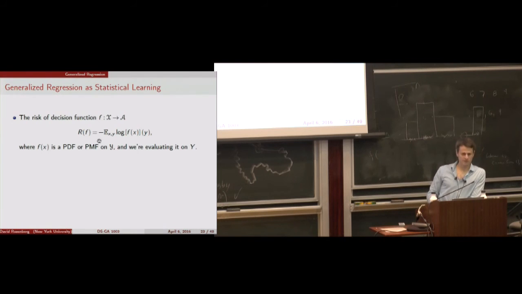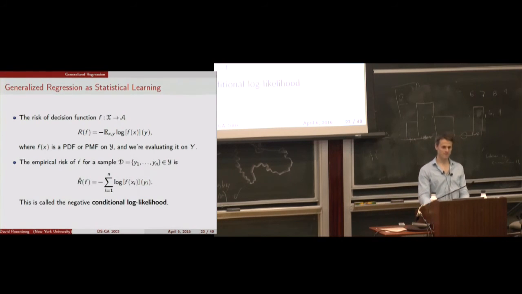We're doing expected values. This is risk. But once we get to a data set, then there'll be a sum. Here's your sum. So the empirical risk is exactly the sum over the data of the same thing. So we need to find an f in our hypothesis space that minimizes the empirical risk.